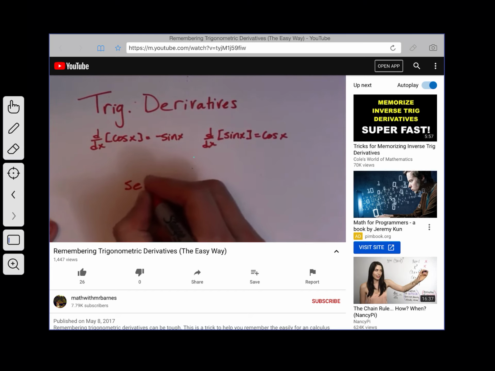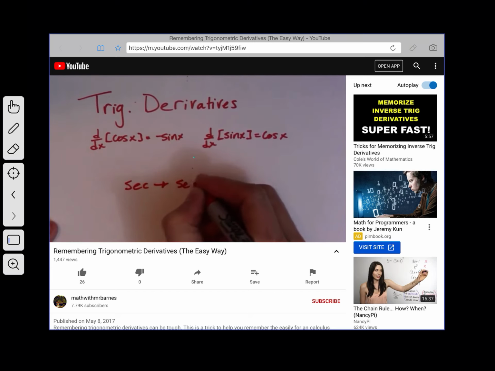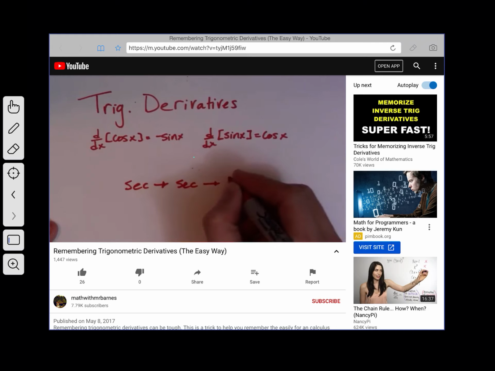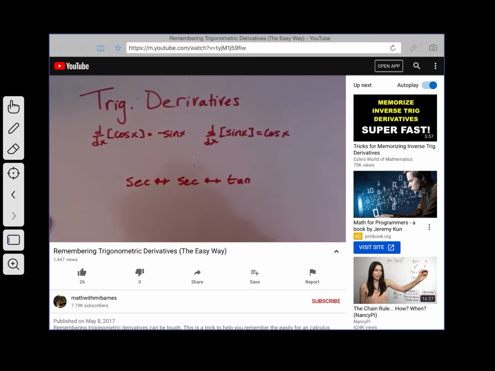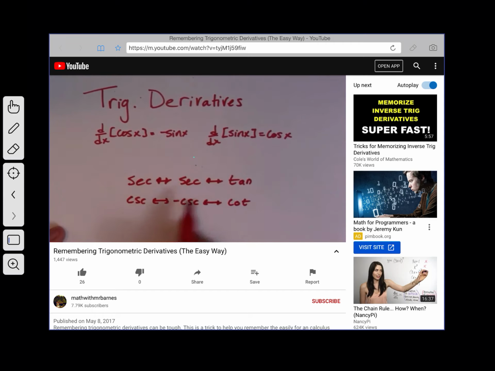So they remembered secant, tan, and some of them like to put arrows on both ends. I'm not really good at drawing arrows, but there they are. So it kind of goes both ways. Secant, tan, and then cosecant, negative cosecant, and cotan. So they had secant, tan, cosecant, cotan.